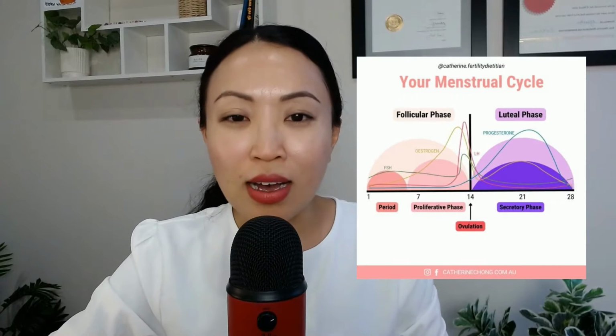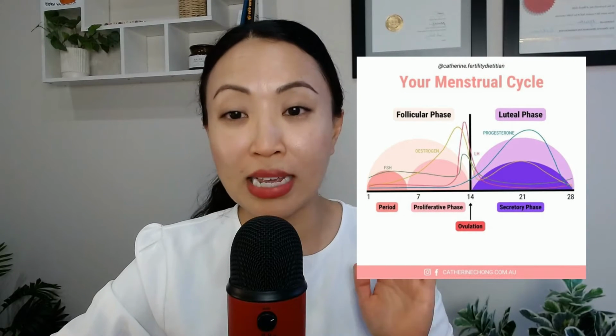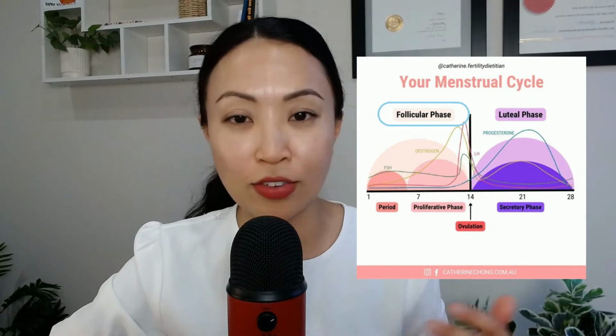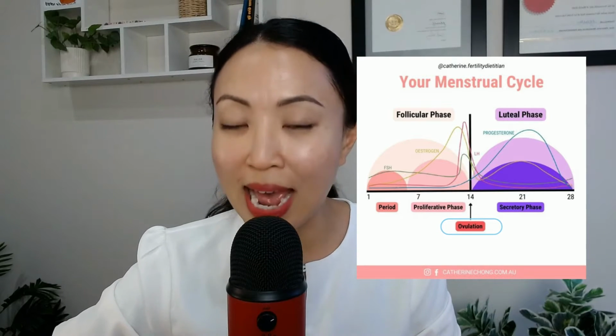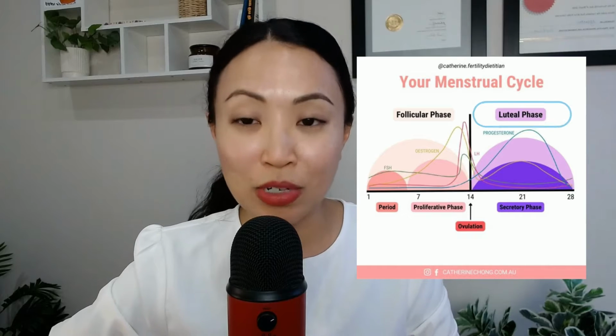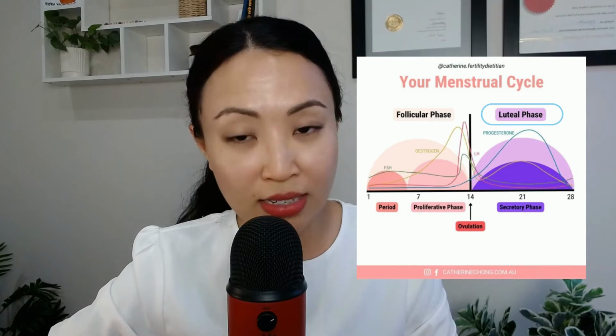Now, your menstrual cycle includes 3 key phases. One is follicular. Secondly is what we call ovulatory. And lastly, number 3 is what we call the luteal phase. And these are controlled by the hypothalamus-pituitary-ovarian axis, also known as HPO, right?